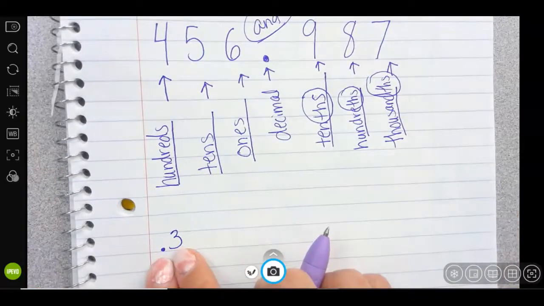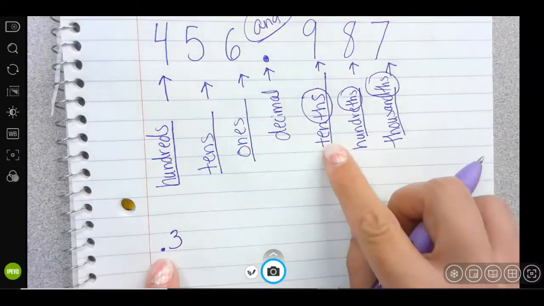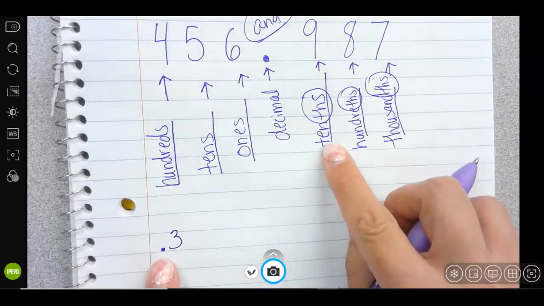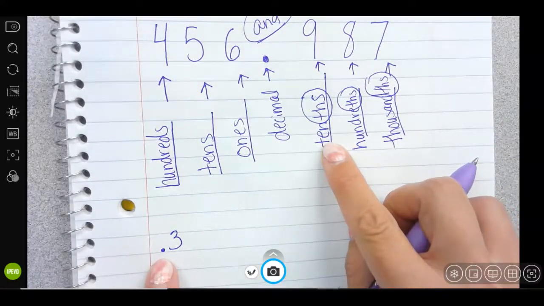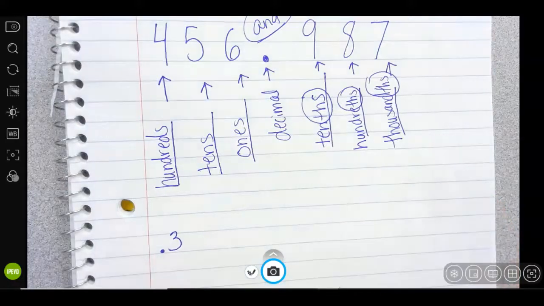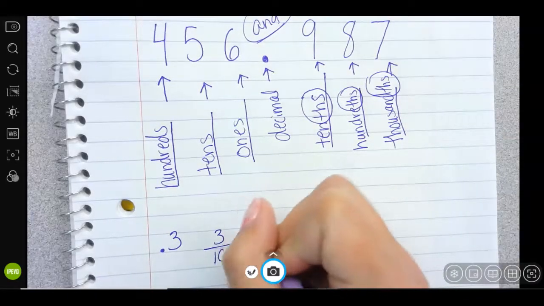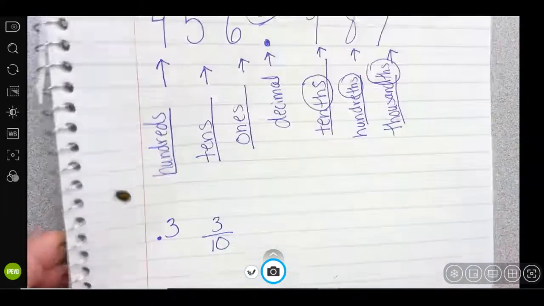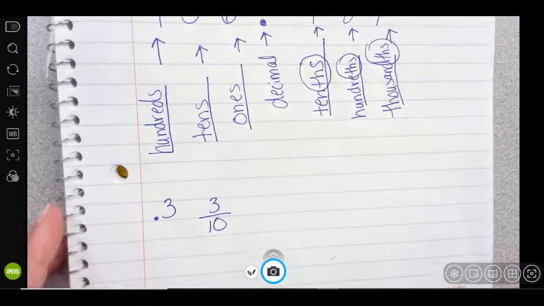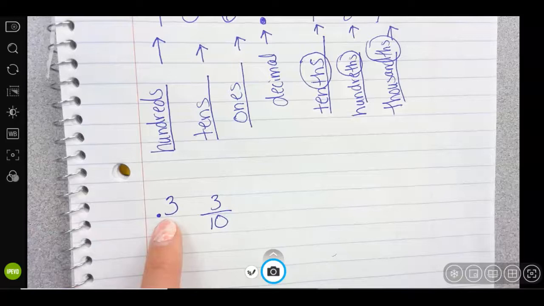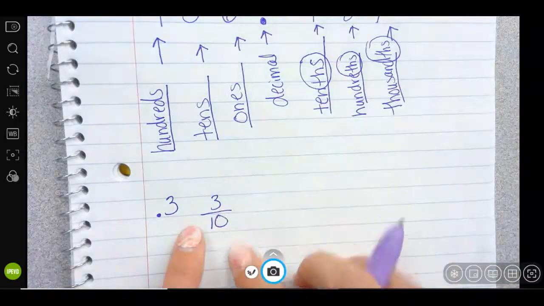What place value is the 3 in? The tenths. 3 tenths. Think about that. Close your eyes. 3 tenths. What would that look like as a fraction? It would be 3 over 10. Okay? 3 over 10. 3 tenths. 3 over 10.